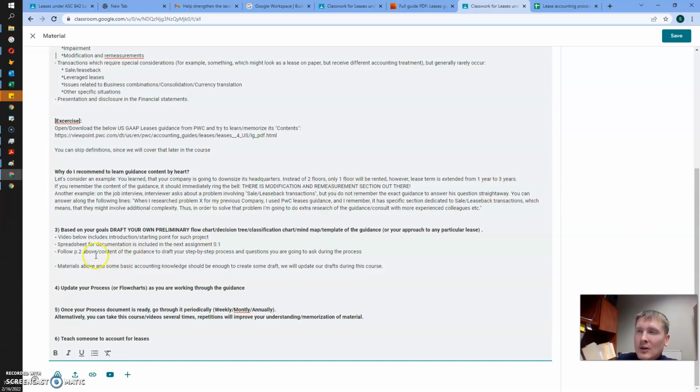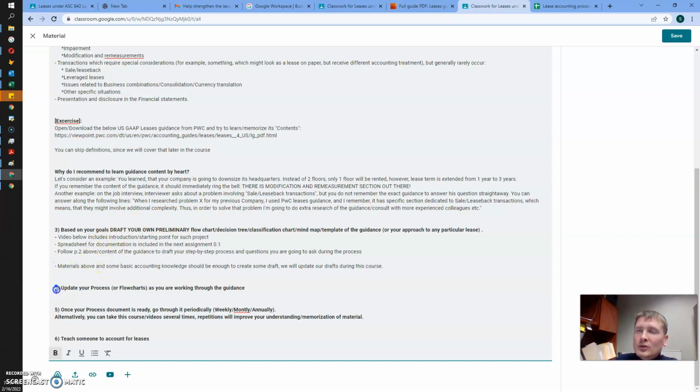Okay, and now we have some more points in plan here. So as an assignment for this lesson, we will do some preliminary process documentation or flowchart, or call it schema, algorithm, whatever you want. We will do some basic steps to reflect leases.